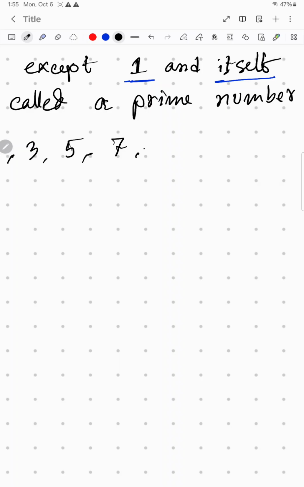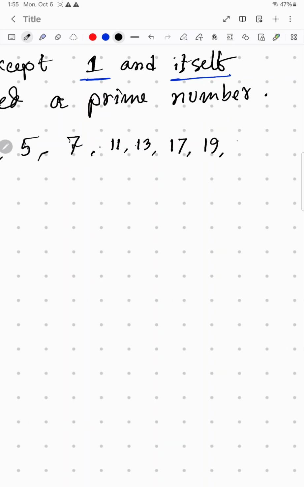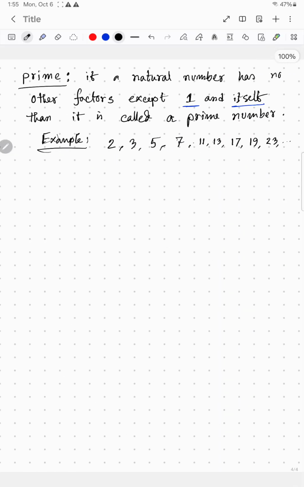So any even number except 2 is not a prime. Okay, 9 is not a prime because it's divisible by 3. 10 is not a prime. 11 is. Okay, then the next prime is 13, then 17, then 19. 21 is not prime because it's divisible by 3. Then we have 23, and so on and on.